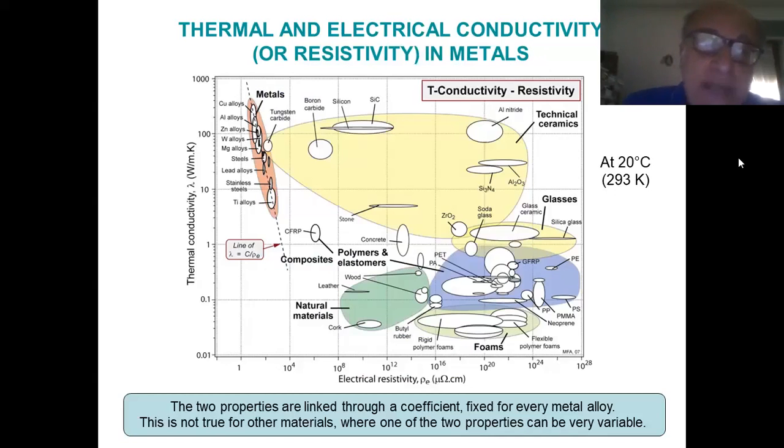And you can easily see that some metals are more conductive from the point of view of temperature, so thermally conductive, than electrically conductive with respect to others. But we can see that in general terms they can be arranged along a line.